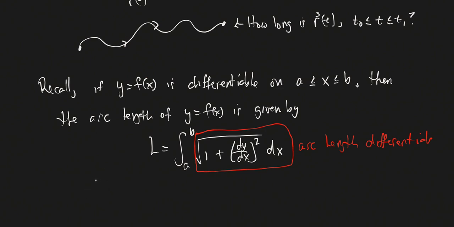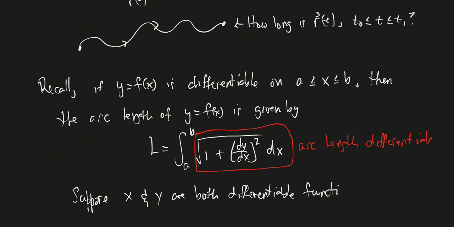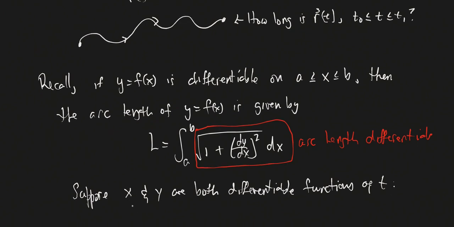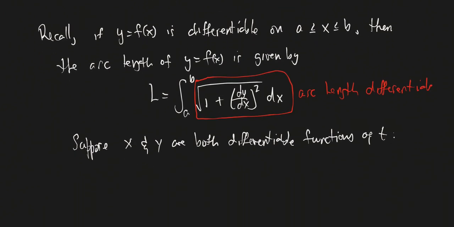Now, if we go back a step further, suppose x and y are both differentiable functions of t. This goes back to essentially related rates, but I'm not going to treat it like a related rates problem.